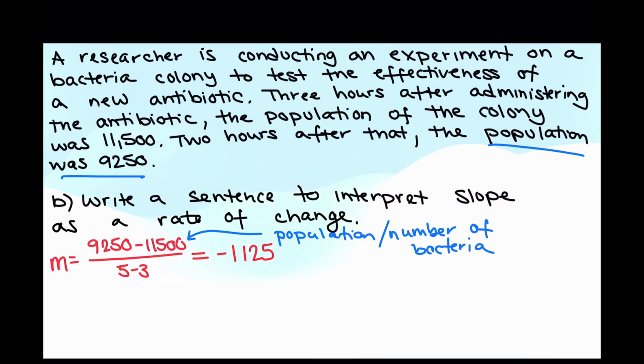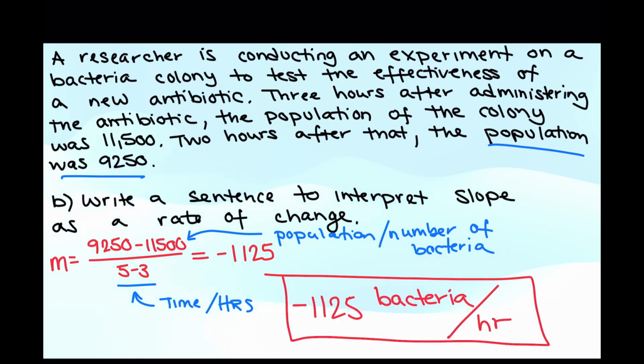So we took a population number on top, and then the 5 minus 3 was time in hours. We divided it by hours. So the units of my slope is number of bacteria per hour. So my slope, negative 1,125, is measured in bacteria per hour.